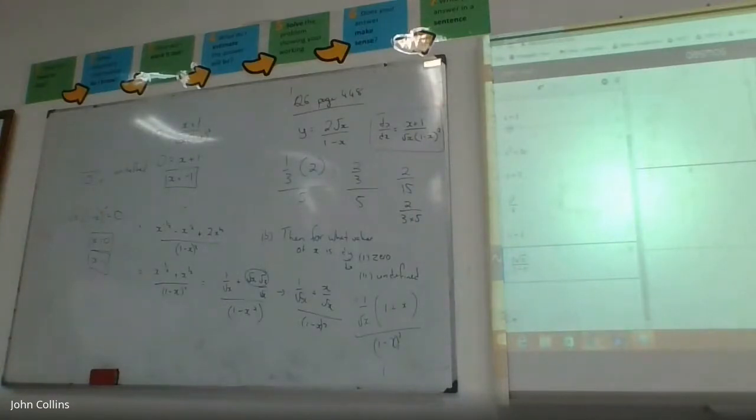It should follow then that when we graph the gradient function, we'll also see those things on the same graph. Hopefully you will. X plus 1 is on top, divided by root x times 1 minus x squared.